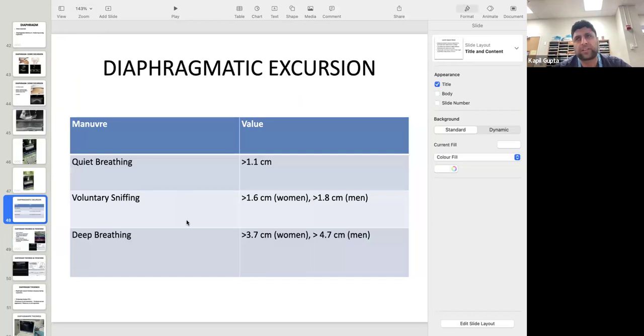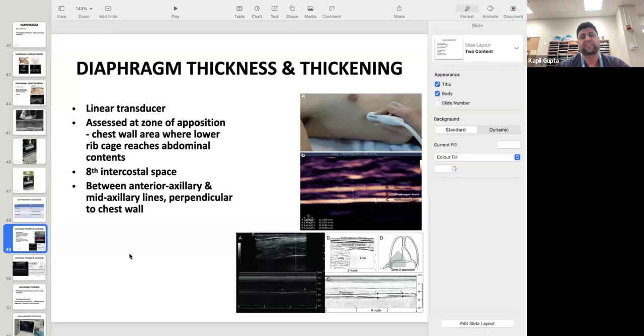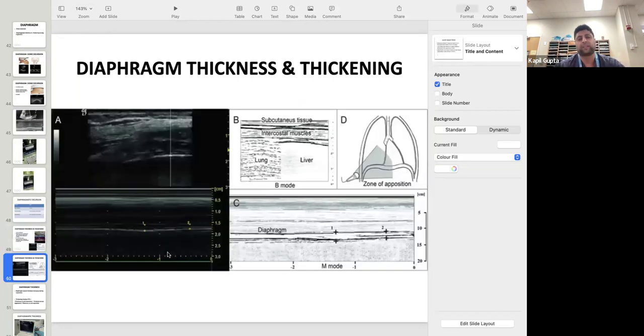Diaphragmatic excursion or thickening? Thickening, I think, is more related to spontaneous breathing trials: if the diaphragm doesn't thicken enough, it will not be very easy to wean off a patient. What I feel is, in our ICU training during residency, we were taught that if your diaphragmatic movement is not good, it's also based on some kind of nutrition.